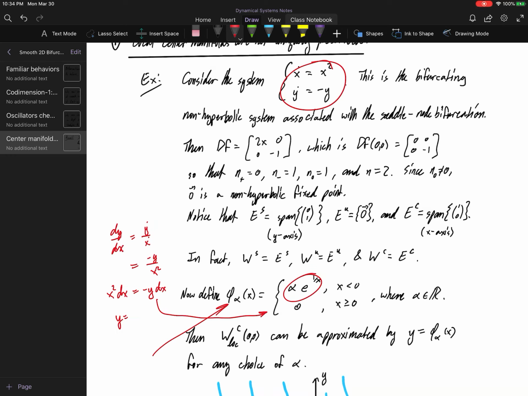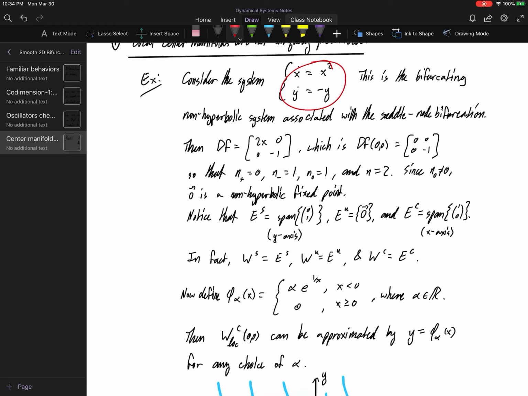This is a complete set of solutions to that system if we say that y of 0 should be 0. We want to make sure this guy either limits on or has an initial condition that passes through the origin. That'll match with the rest of the nonlinear system. But I digress.